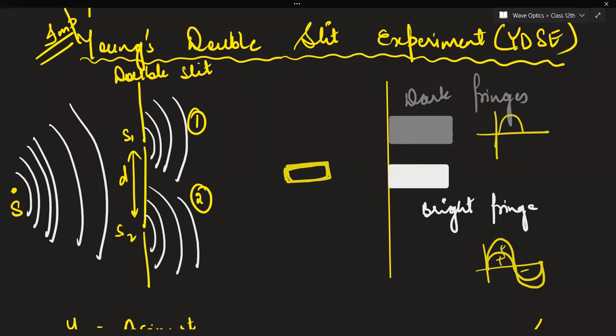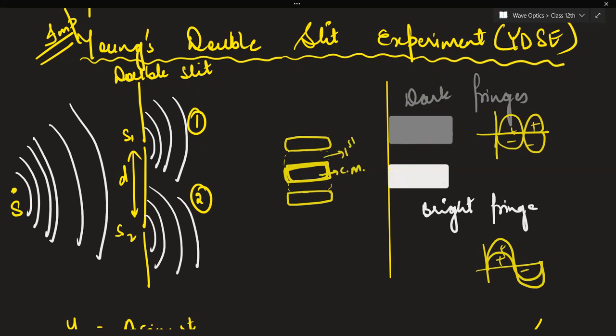Now it can also happen that plus meets minus and minus meets plus, that is, they can interfere destructively. So what happens here? You get dark fringes, you do not get any band, a dark fringe on either side of the central maximum. Then again you get a bright fringe, your first bright fringe. This was the central bright fringe at the center.